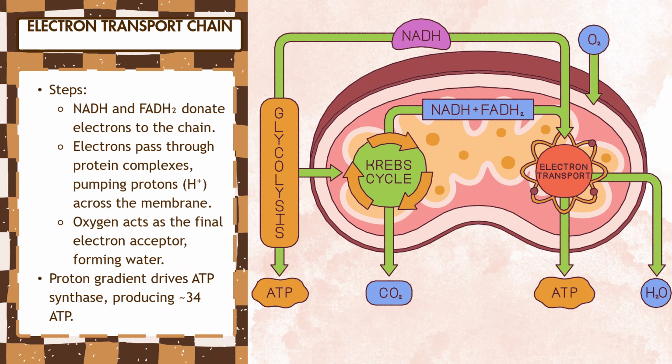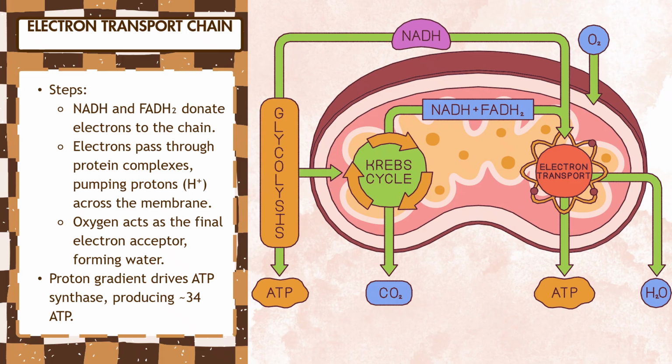One of the really important things that you need to understand about this step in cellular respiration is that the electron carriers, NADH and FADH, not only carry electrons but also protons. And as they're going through the membrane of the mitochondria, electrons are moving through the membrane.